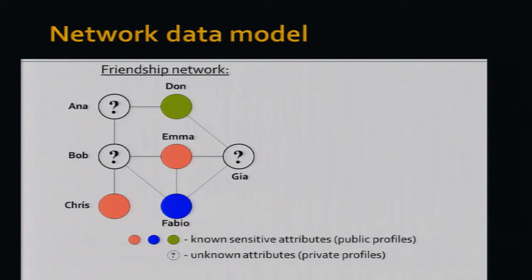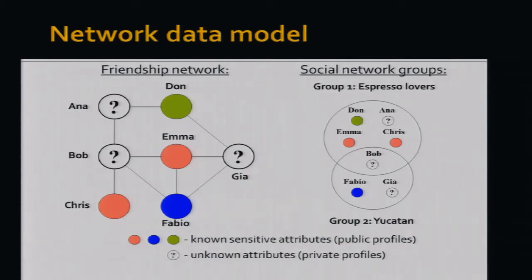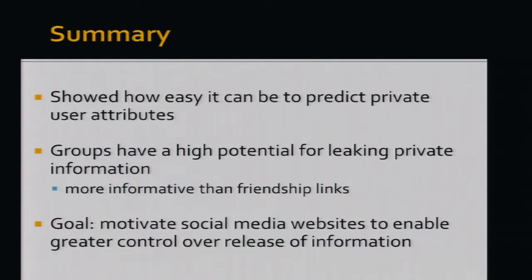But in general, the idea would be you'd have a network where you've observed some attributes and then you have these question marks. I also have these groups, and some of those I have information observed and some I don't. And then the question is, how well can I get back those question marks?